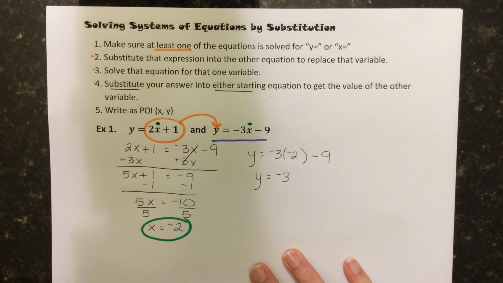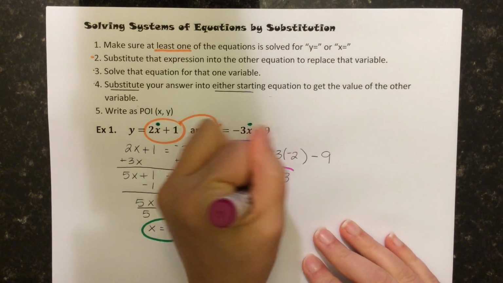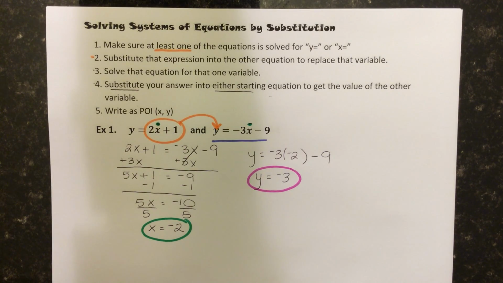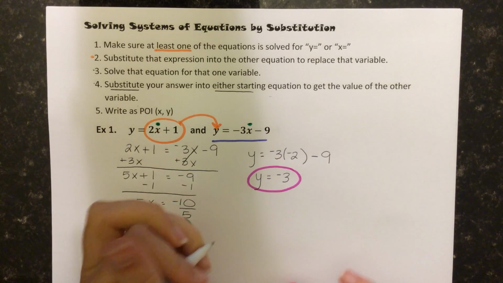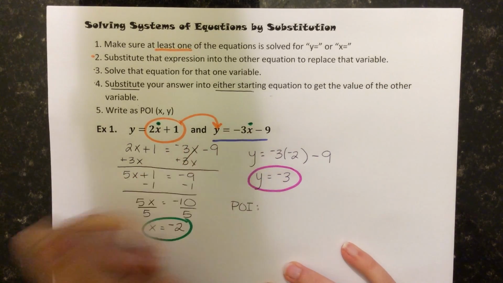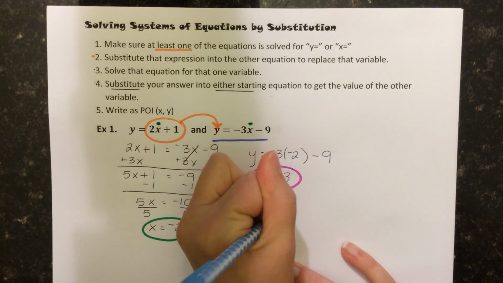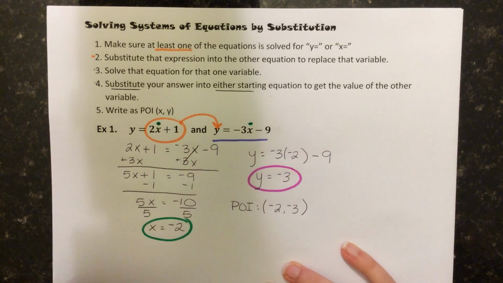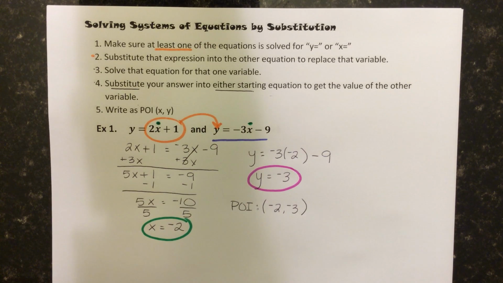So now I know my x and I know my y. I want to get full credit here, so I have to write those together as a point of intersection. So my point of intersection, if I were to actually draw these out on a graph, is negative 2, negative 3. All right, so that's the first example.